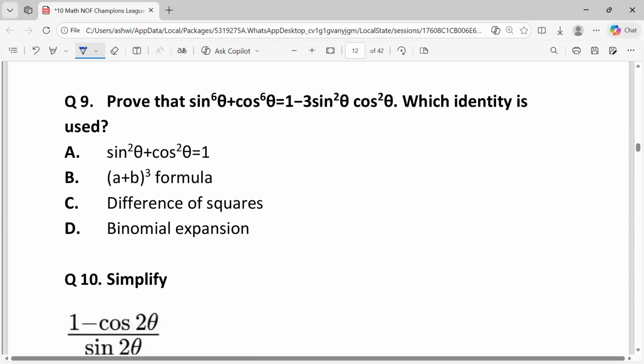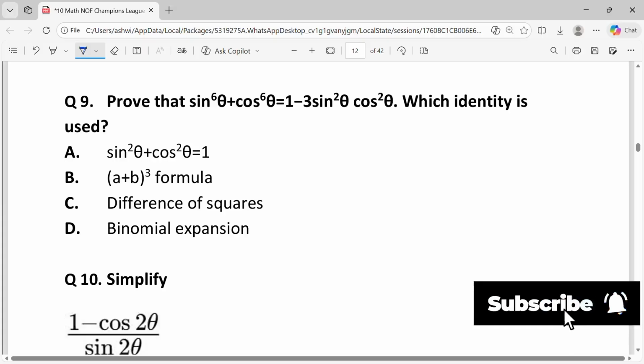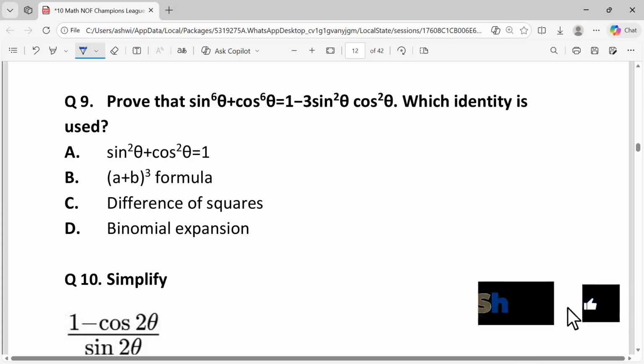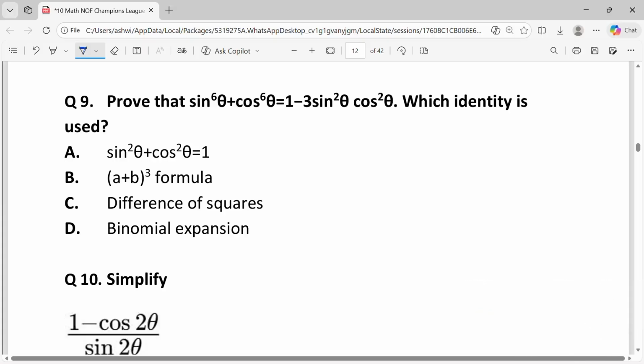Question 9. Prove that sin⁶θ plus cos⁶θ is equal to 1 minus 3 sin²θ cos²θ. Which identity is used? The answer is B, a plus b whole cube formula.